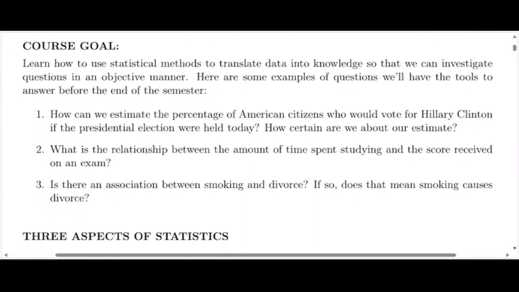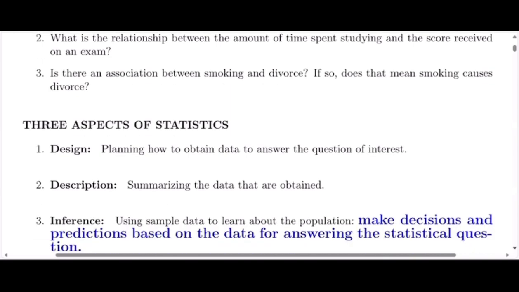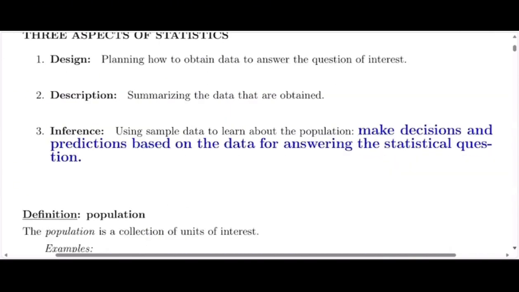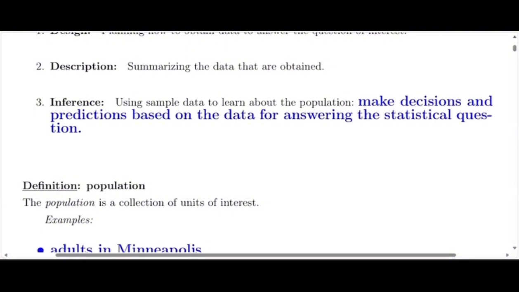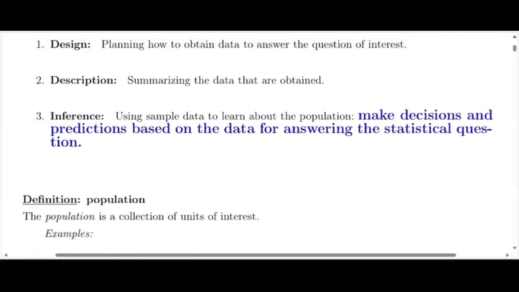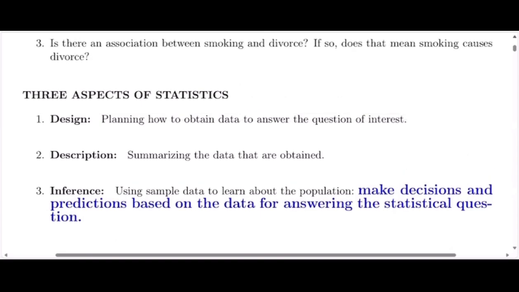Now, in statistics, we have three aspects. If I want to use a statistical approach, we have three aspects of statistics. Number one, design. What do I mean by design?